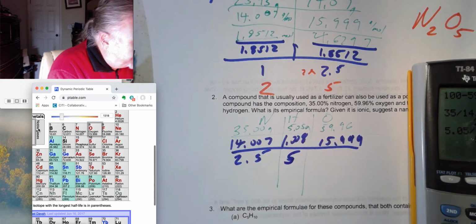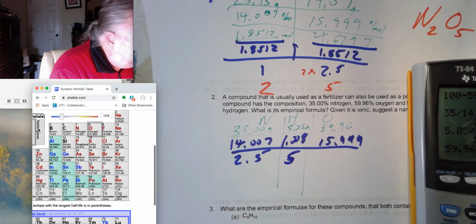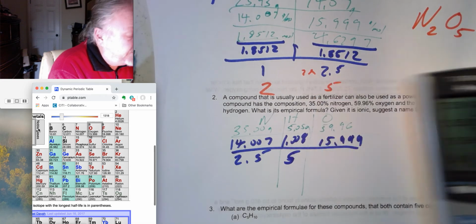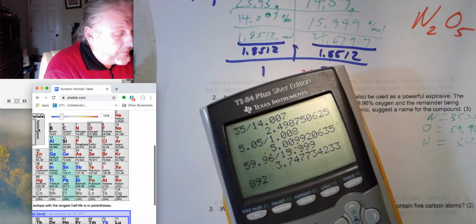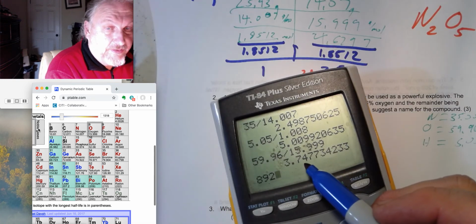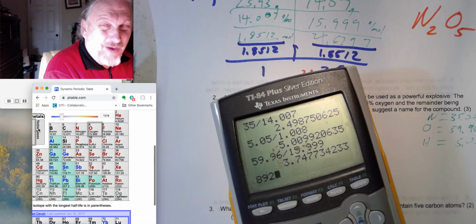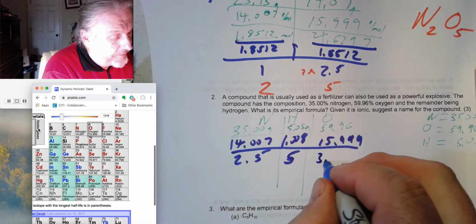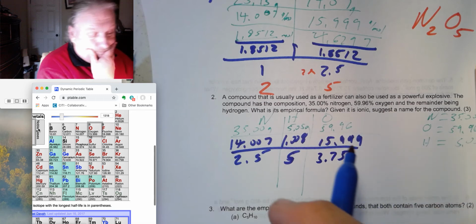Then I've got my oxygen divided by 15.999, which is 3.75. I call that 3.75 because I can't really round that. It's not close enough to round to 4.